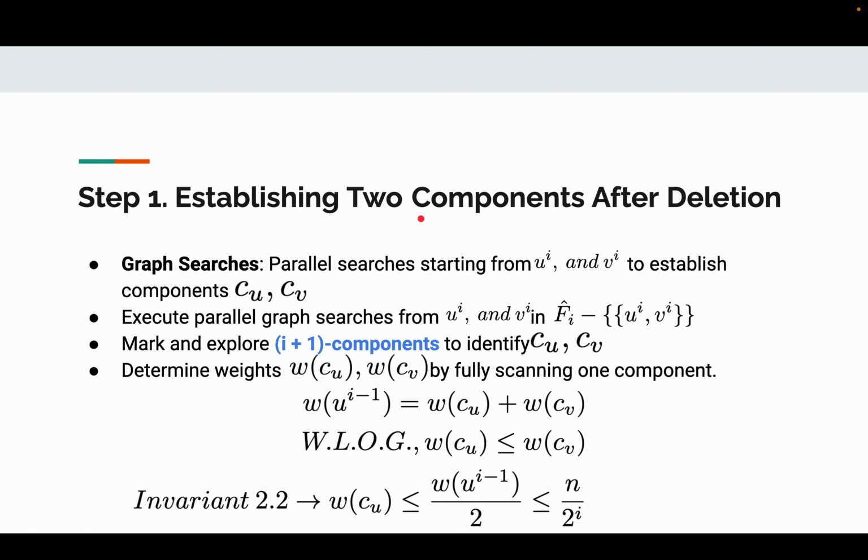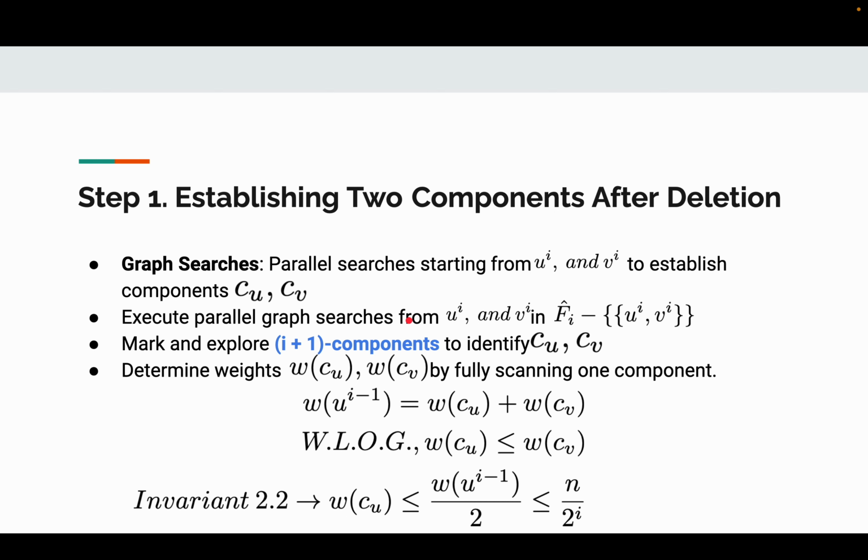So to identify the two components, CU and CV, resulting from the deletion of an edge, we initiate two parallel graph searches from nodes u_i and v_i. These searches aim to explore all marked i plus 1 components to identify CU and CV, gradually building up these components. The process continues until one of the components is fully scanned.